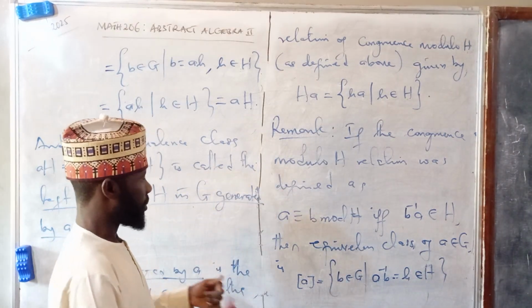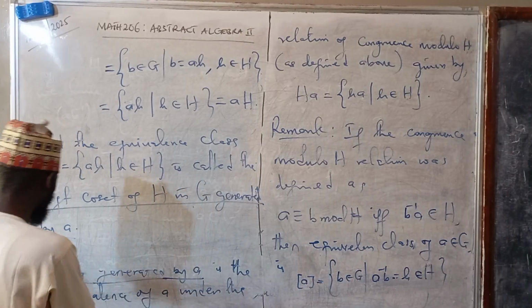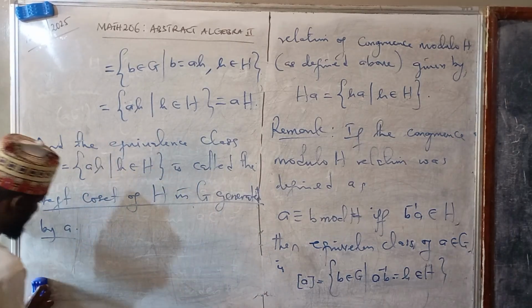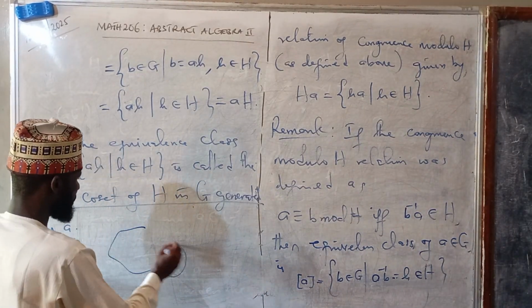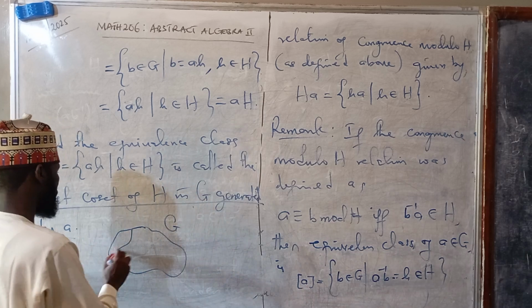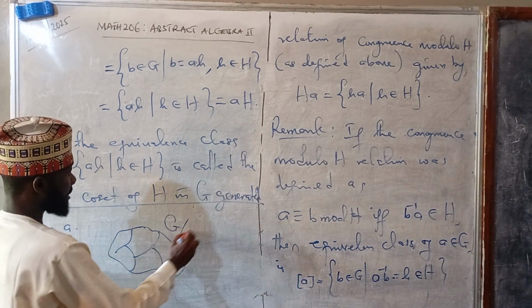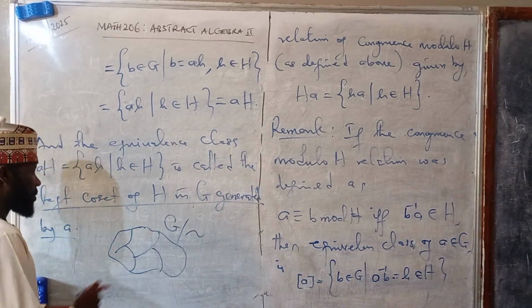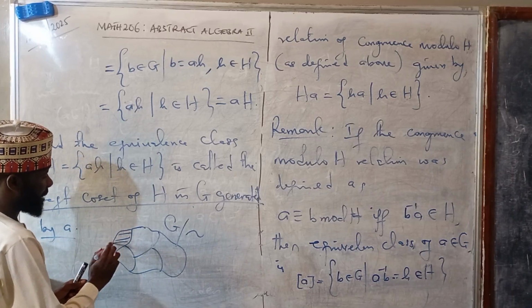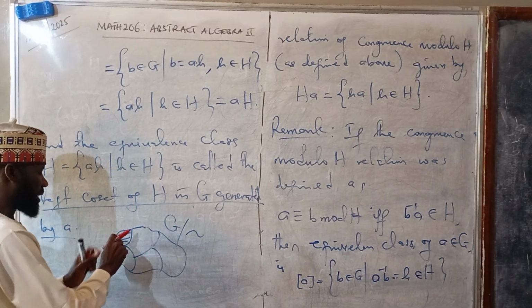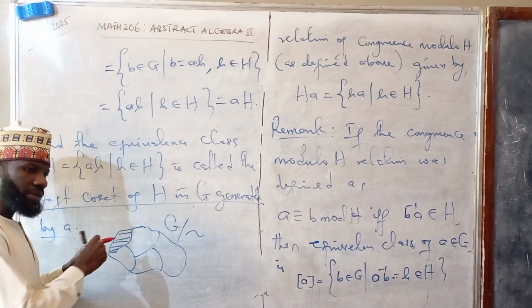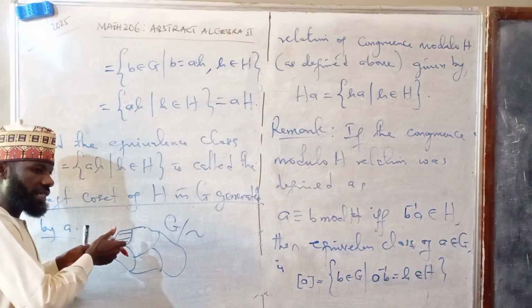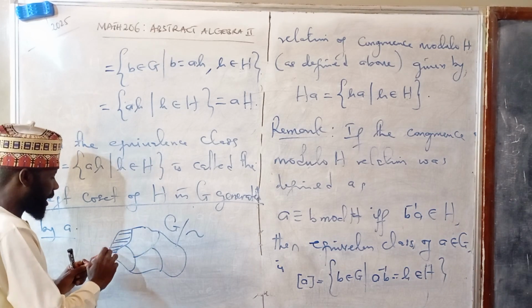Because it's not necessary that when you do the partitioning, remember I said the group is partitioned into classes like this by this equivalence relation. But now if you take this and treat it as a single element, because if we pick the class representative, it's enough to represent the class. So you only look at the class representative.